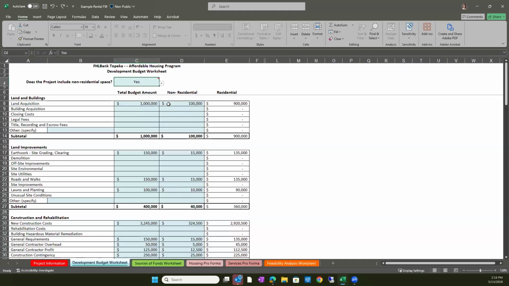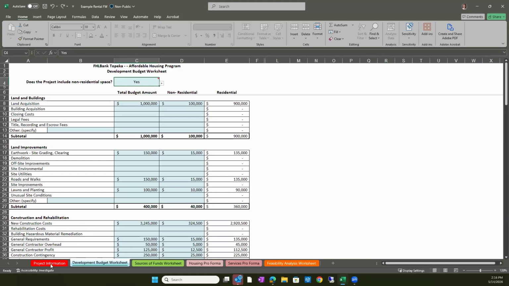Again, the non-residential column has formulas in it that are going to automatically assume the amount of costs that are allocated to non-residential based on the square footage that you entered on the project information tab.